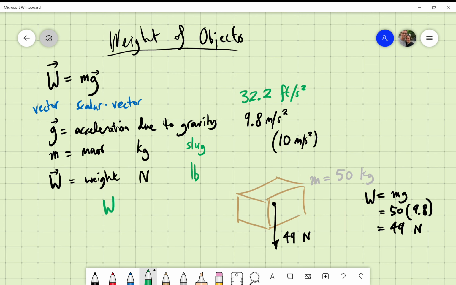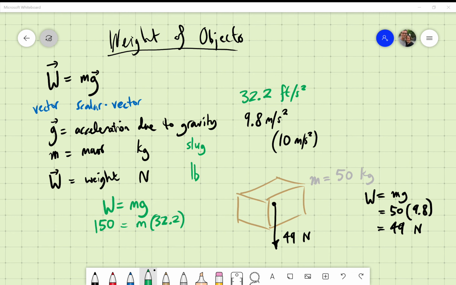We would say weight equals mg. Let's say that our object in front of us has 150 pounds of weight. We don't know what the mass is, but we do know that acceleration due to gravity is 32.2 feet per second squared.